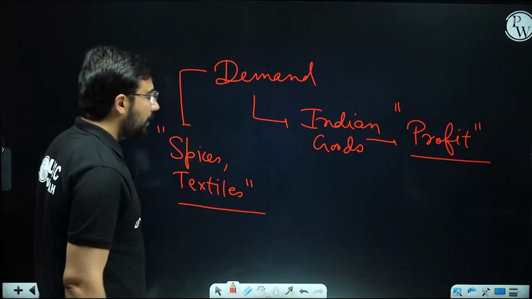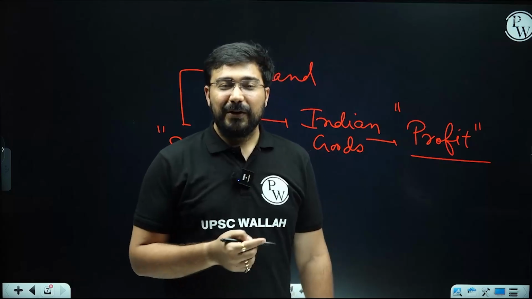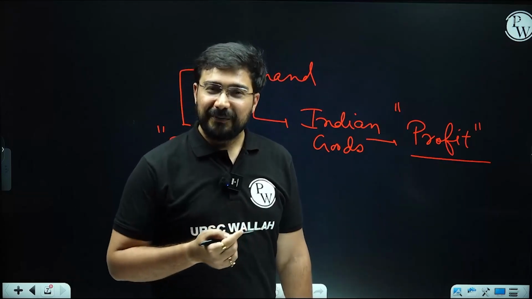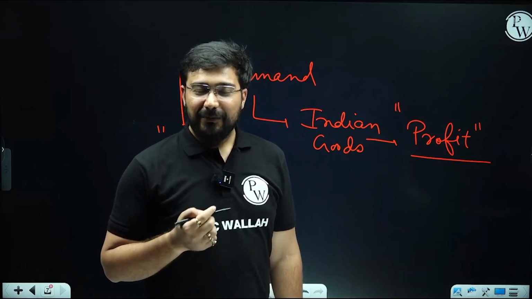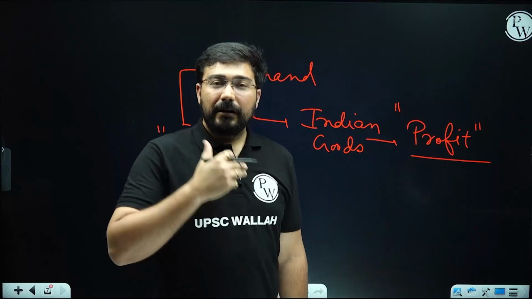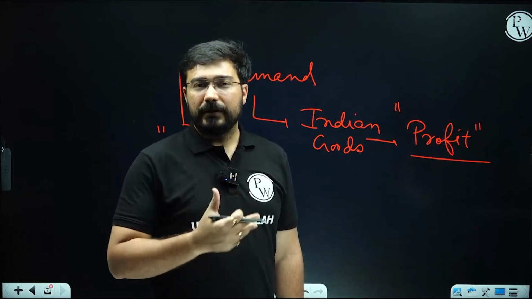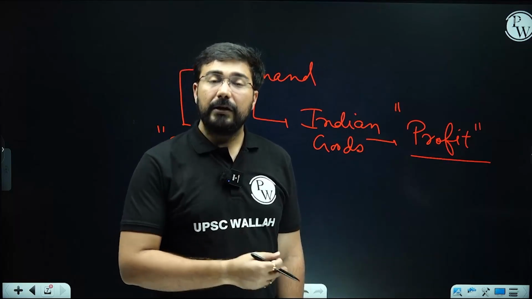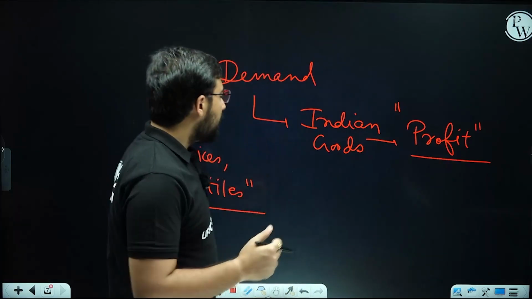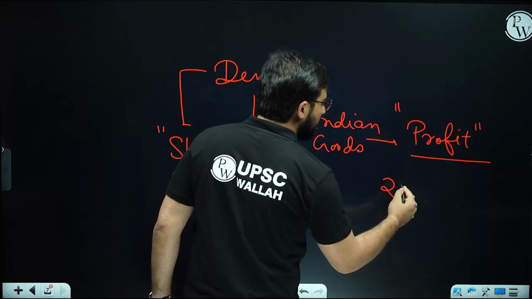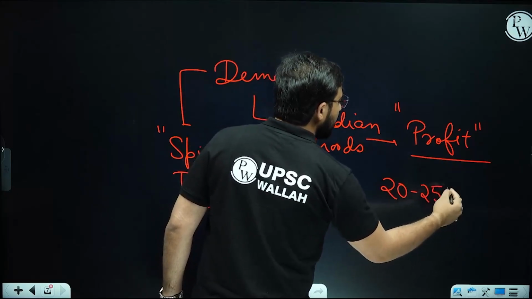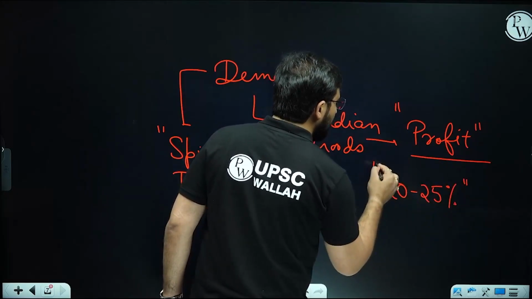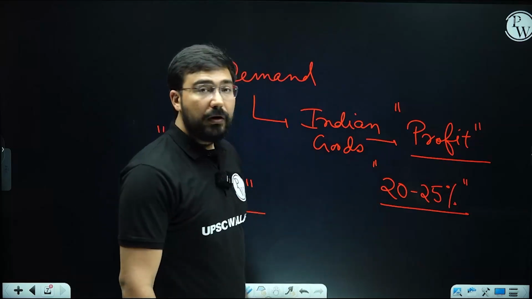We were in fact the powerhouse of the world. Many of you would have heard, right? We were Sone ki chidiya, the golden sparrow. And more importantly, we attributed a lot of this to our indigenous culture, and our products were in demand everywhere. We contributed around 20 to 25% to the world GDP. That's very high, 20 to 25% of world GDP.